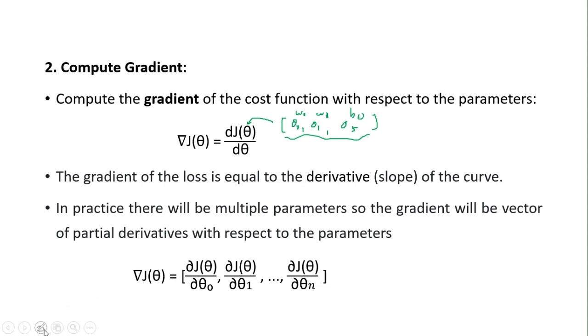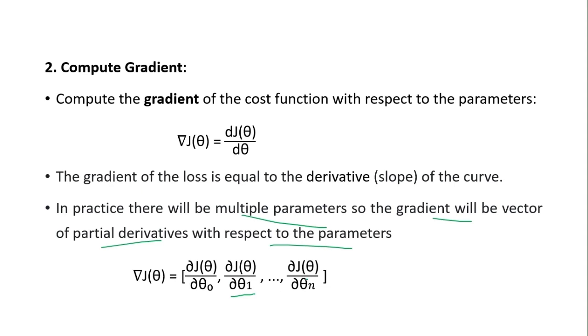Now in that case we need to go for partial derivatives. If there are multiple parameters, the gradient will be a vector of partial derivatives with respect to the parameters. That means dou J theta by dou theta 0, dou J theta by dou theta 1, up to dou J theta by dou theta n. Assume that there are n parameters. So this will be the gradient of the loss function, delta J theta.